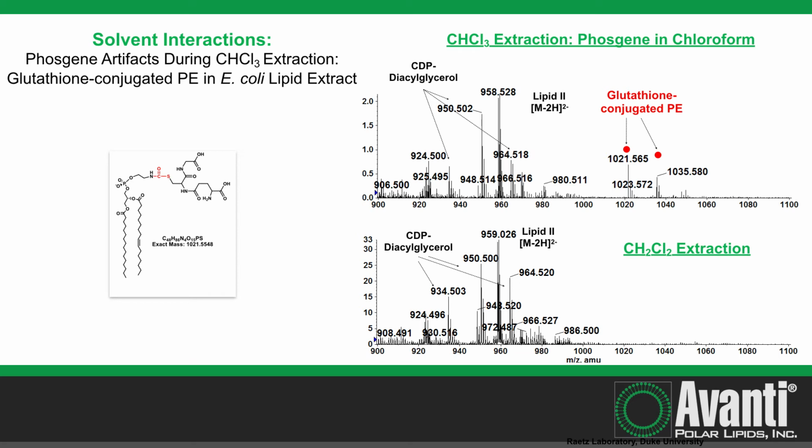Now they look identical in this lower mass region, but up here at high mass we have some new peaks which have appeared which are totally absent in the methylene chloride, and those, after a lot of work, turned out to be the glutathione adducts of phosphatidylethanolamine, and here you can see the carbamate ester with the glutathione tripeptide right here. And so these are artifacts. They were actually initially identified as not artifacts, but possibly biological molecules, but they're artifacts. This was done by Chris Rates when he was at Duke University.